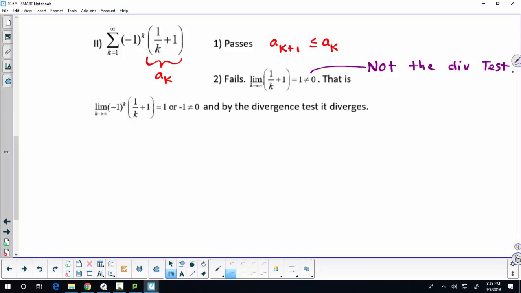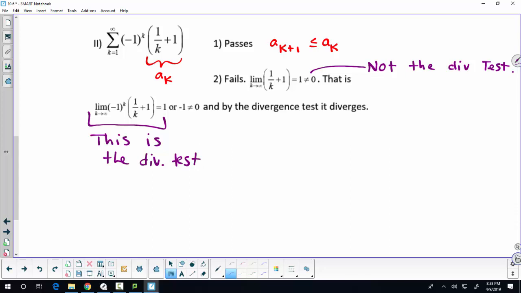So if this is an alternating series, with respect to the divergence test, then all of this, negative 1 to the k, 1 over k plus 1, all of that is your a sub k in the divergence test. So here's the divergence test right here. We took it all, even the alternating part. And that's going to either be 1 or negative 1, still not 0.